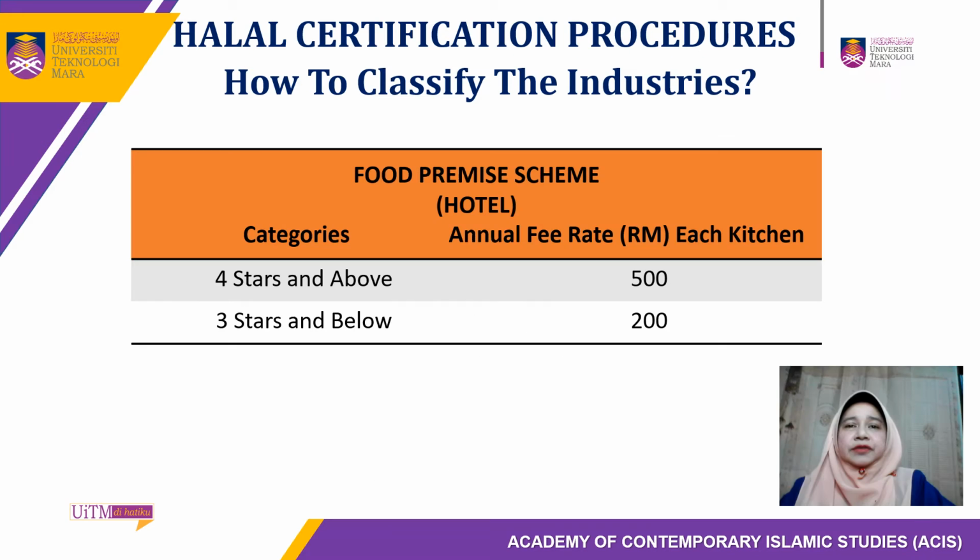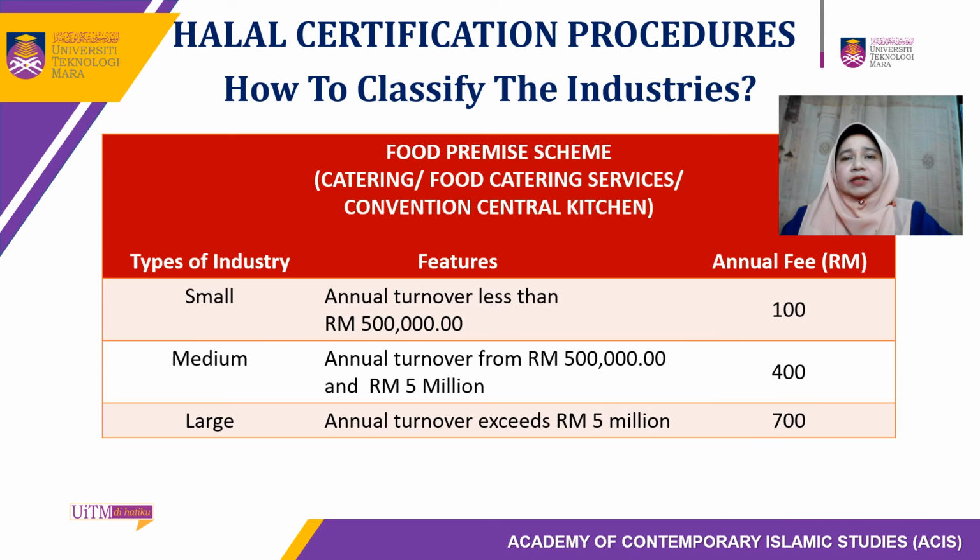Okay, and then we have the food premise scheme for the hotel, where we have to look into the stars. Is it in the category of 4 star or above, or 3 stars and above? Okay, then we can identify how much the annual fee rate is for each kitchen.